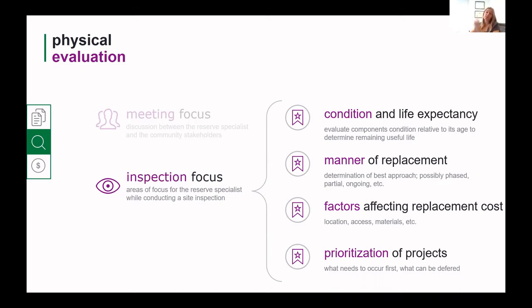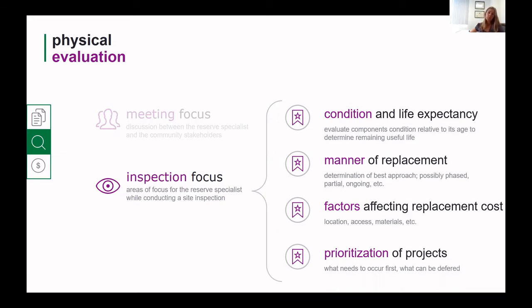Or maybe it's something that just needs to be replaced ongoing. Maybe the piping, various materials, various uses, various condition. Maybe it makes sense to have partial ongoing replacements of the piping instead of replacing all the piping at one time. So we are looking for the condition, the materials, locations, things that warrant how you should replace the various components.